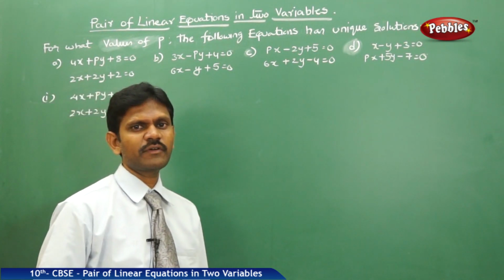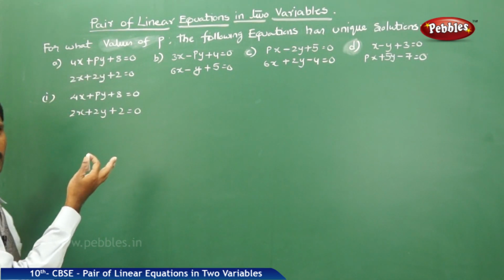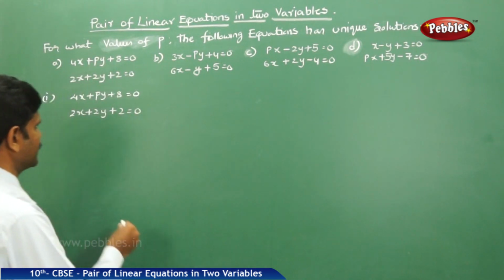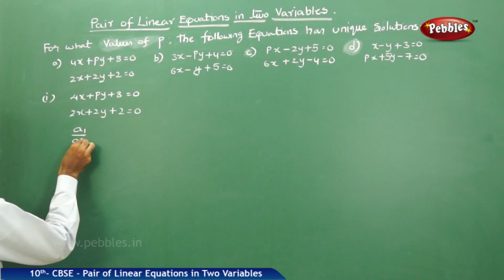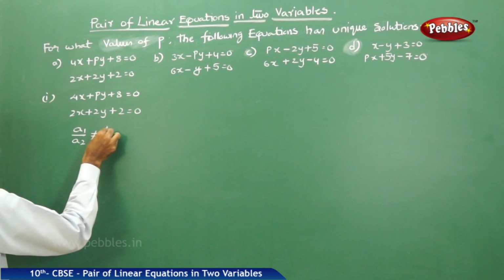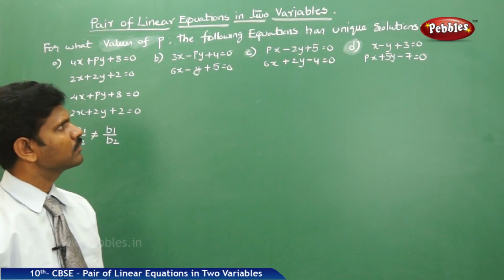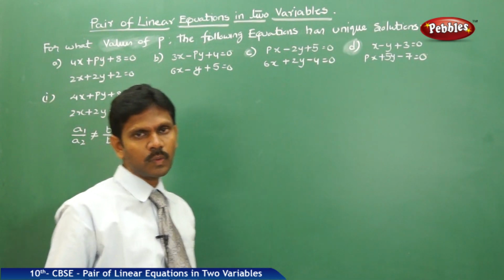Identify the positions a1 by a2 and b1 by b2. Unique solution means the condition is a1 by a2 is not equal to b1 by b2. It is the condition to make the linear equations have a unique solution.